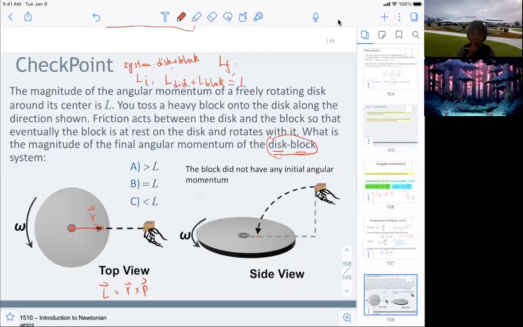Now what is P? P is the momentum of the block. The block is tossed along the direction of your radius. If you look at the velocity, the component perpendicular downward doesn't matter here; you want the horizontal velocity.